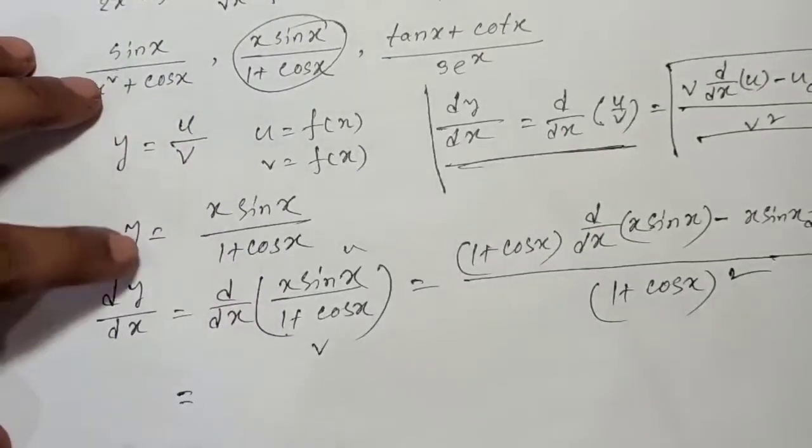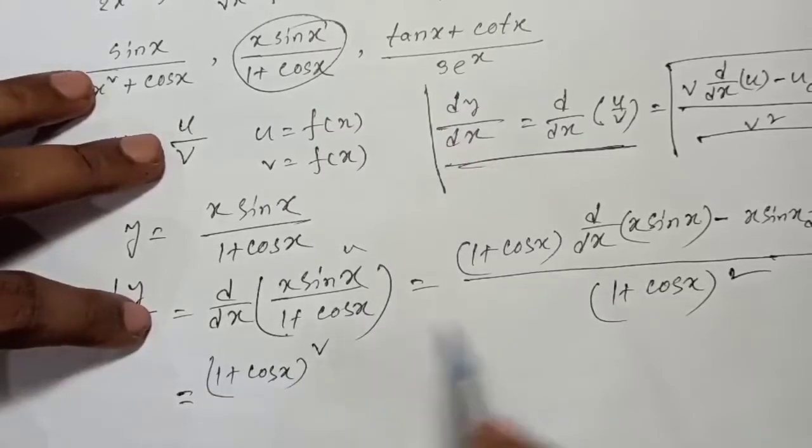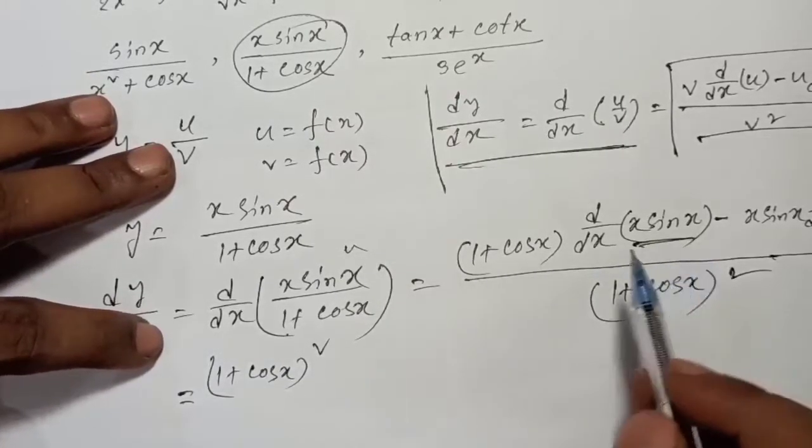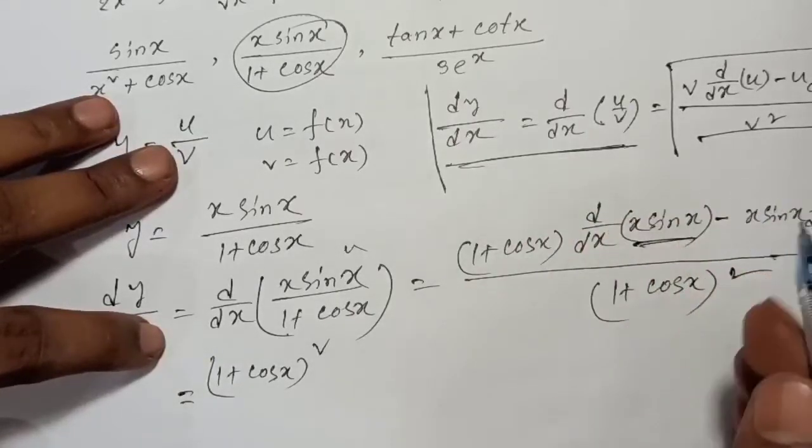So 1 plus cos x d/dx of x sin x, here we can see that the derivative of a product has already come.